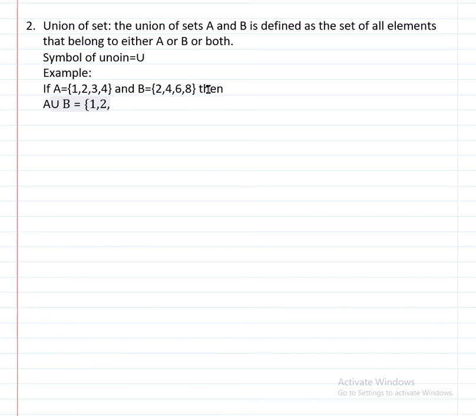We write 3 because it belongs to A. 4 is in B, so we write it. We are adding both sets together to make one. If we have 2, there's no need to write 2 twice. We take 1 per element. So 4, we have 6, so we take 6, and we have 8.